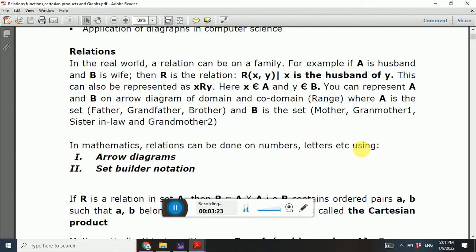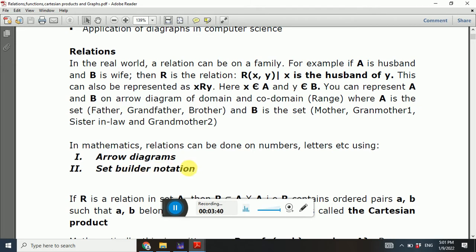And what do we use to see these relationships or to form these relationships? We shall make use of the arrow diagrams, and also we have the set builder notation. This is also commonly used to write relations.